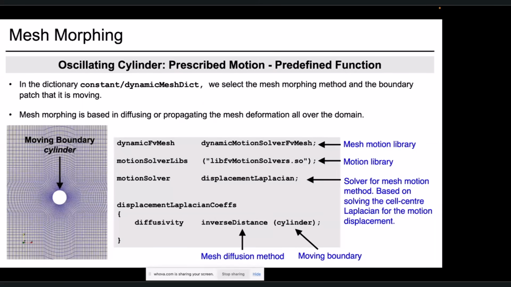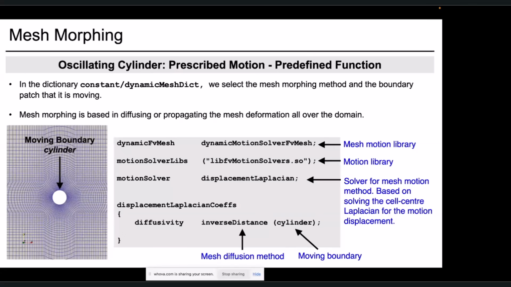Then we have to mention the motion solver, the directory that I showed you. These motion solvers can be of different types, mainly two types: the displacement based motion solver and the velocity based motion solver. Then we have to mention what type of method we want to use for implementing this motion solver. In this case, it is a Laplacian diffusion based method.